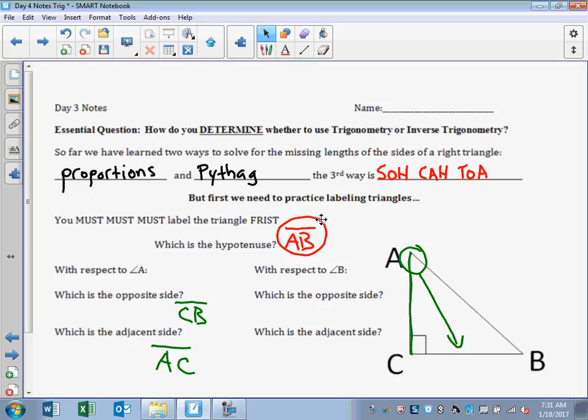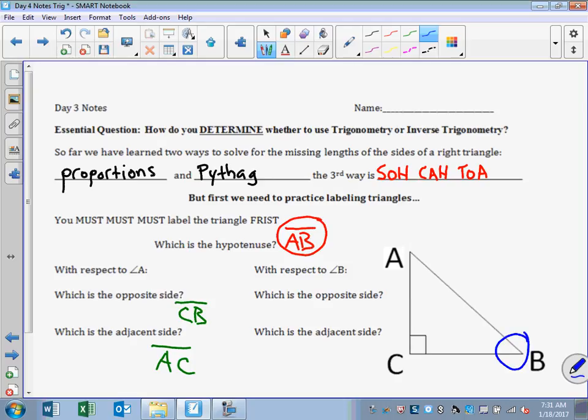Now the second part, it tells us to look with respect to angle B. So we're going to have the same hypotenuse, but the other two questions are going to change a little bit. Now we're focusing on angle B. And it says which side is opposite. So we go across from it. So now AC is opposite.